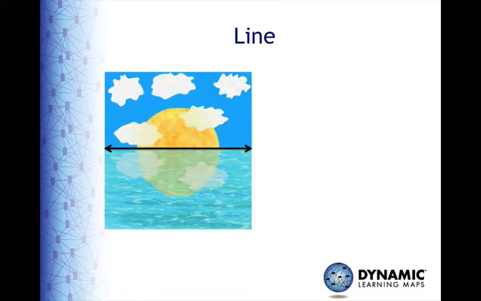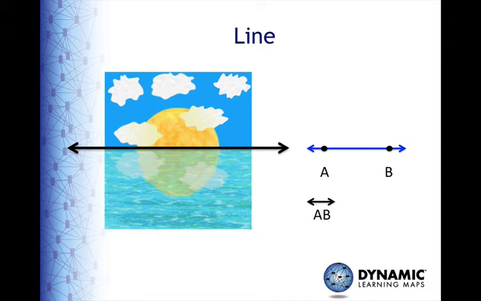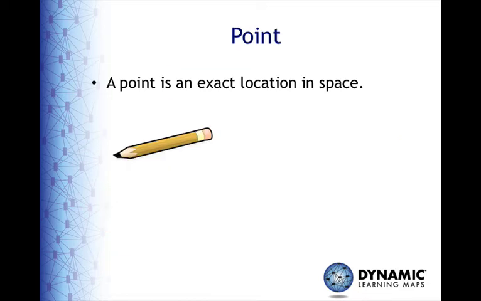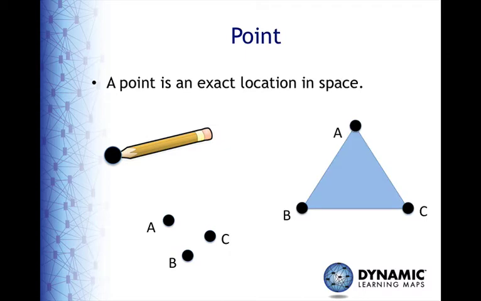A line is a straight path of points that goes on in two directions. This horizon represents a line, as well as this line, which can be called line AB or BA. A point is an exact location in space. It can be a point on the tip of a pencil, or points on a page, or the points on a shape.